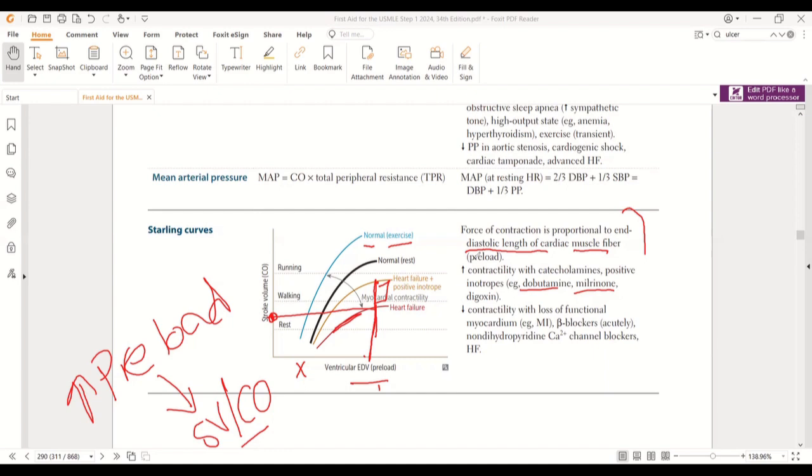Sometimes they give you a myocardial infarction or heart failure patient, and you have to identify the curve.